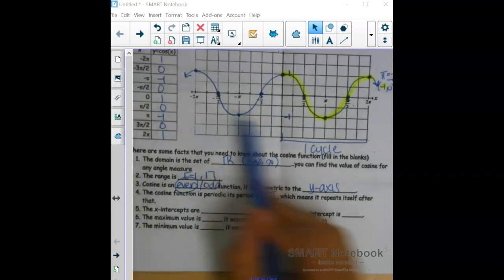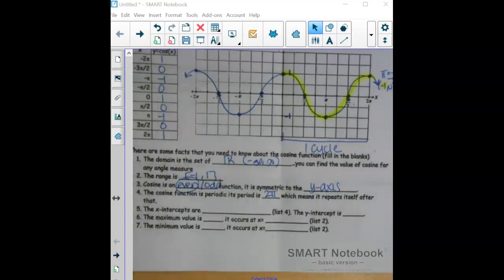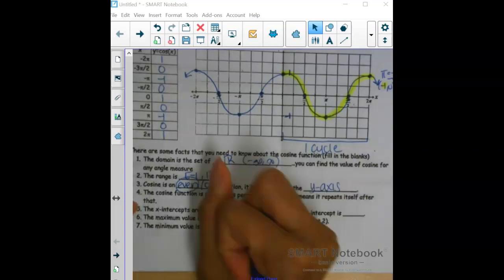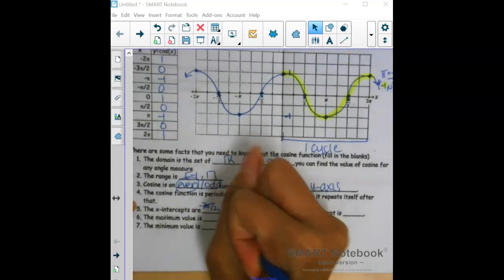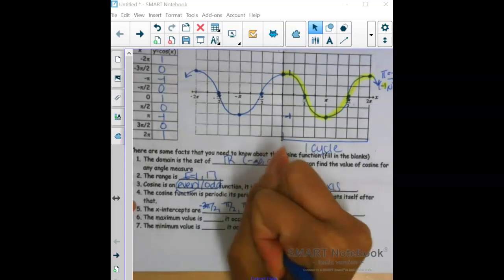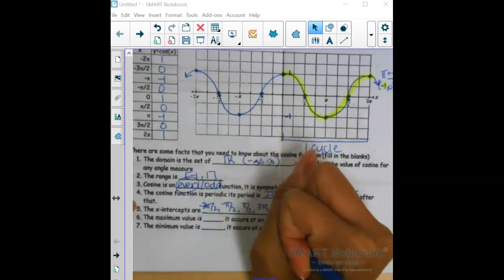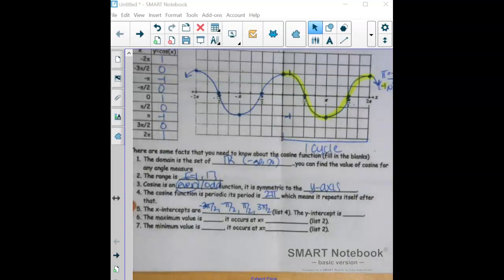Jesus, how many x-intercepts does this blue graph have? It has 4. What are the 4 x-intercepts? Read them out. Positive or negative? Okay. You already said negative, so we'll go positive. But yes, you're right. So negative and positive 3 pi over 2, and then negative and positive pi over 2.